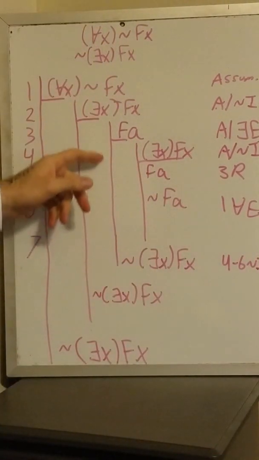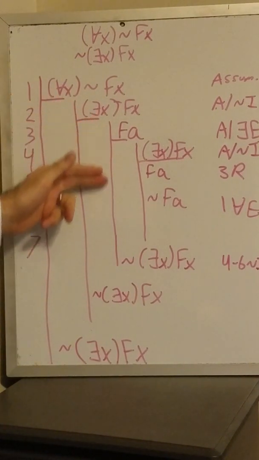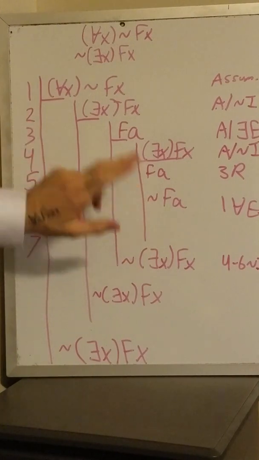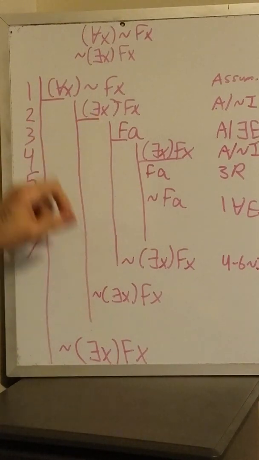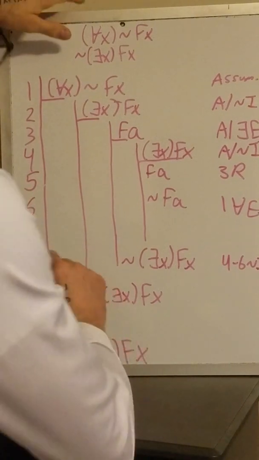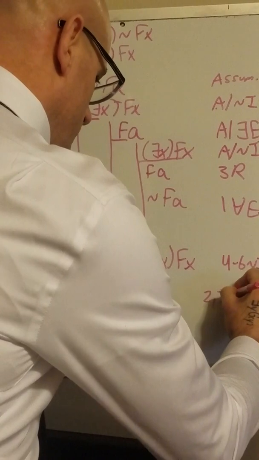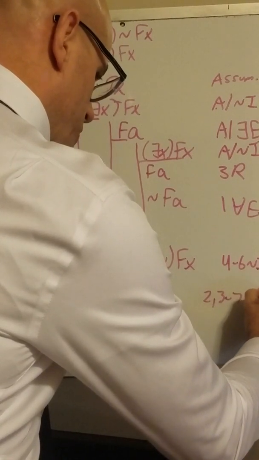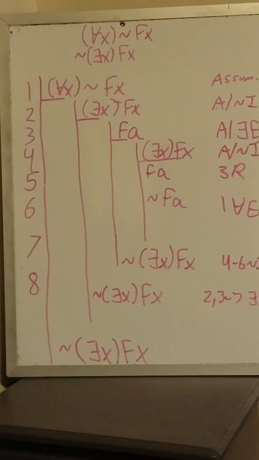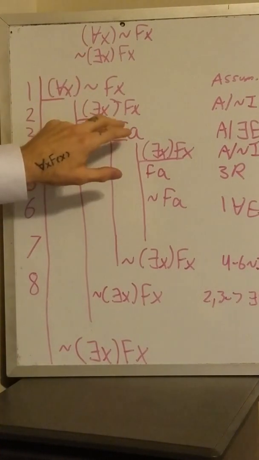All right, so now we have line 8 by existential elimination, lines 3 through 7, lines 2 and then 3 through 7. All right, so we took this existentially quantified sentence.